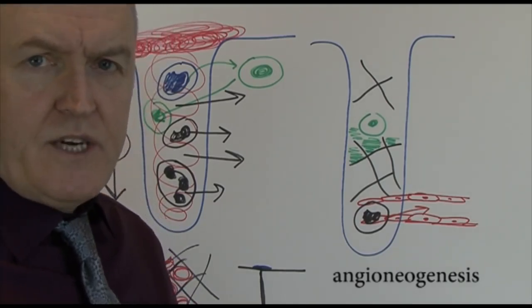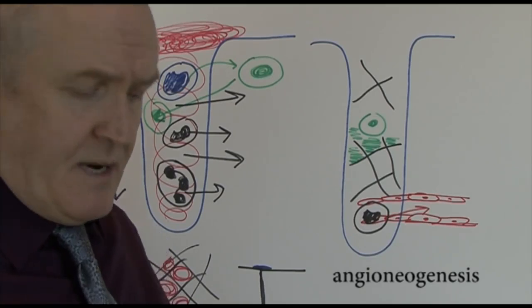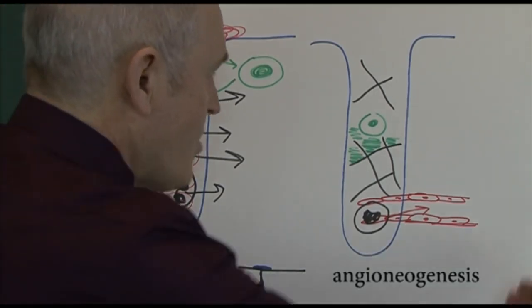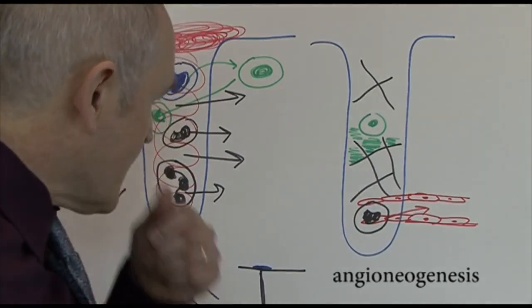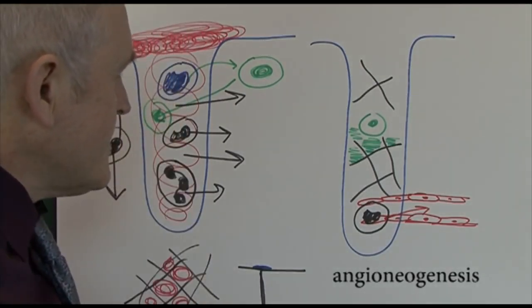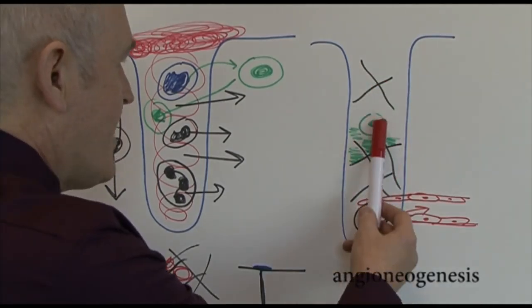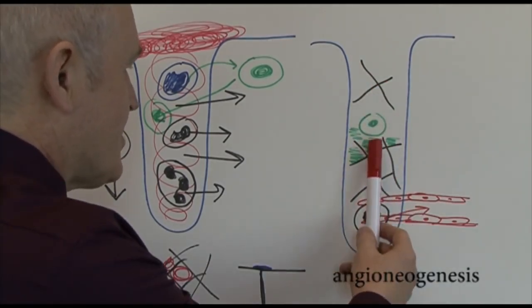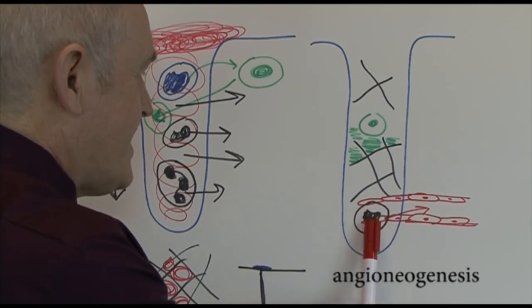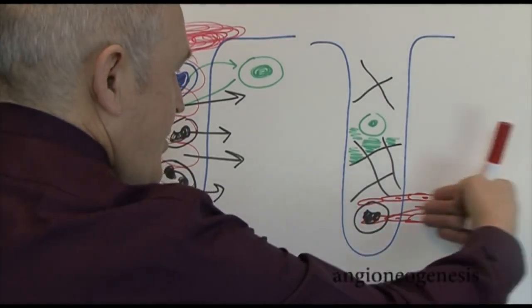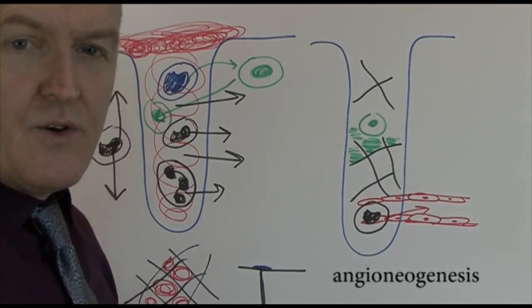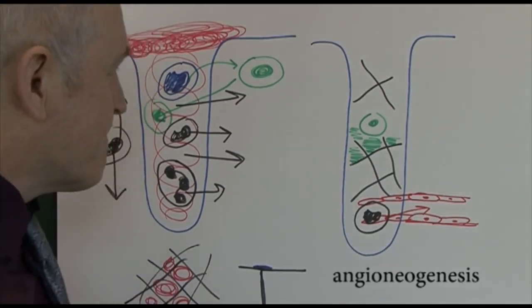So angioneogenesis or angiogenesis is the same thing. It means the growth of new blood vessels into the wound. So now we've got the collagen strands, the fibroblasts, the ground substance, the macrophages, and now we've got new capillaries growing into the wound as well.